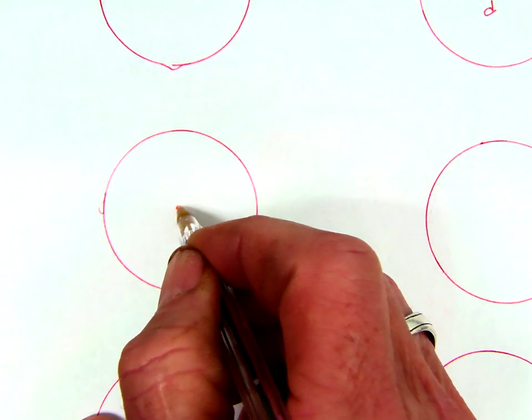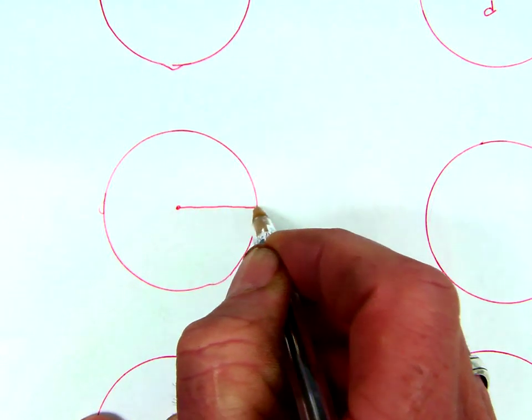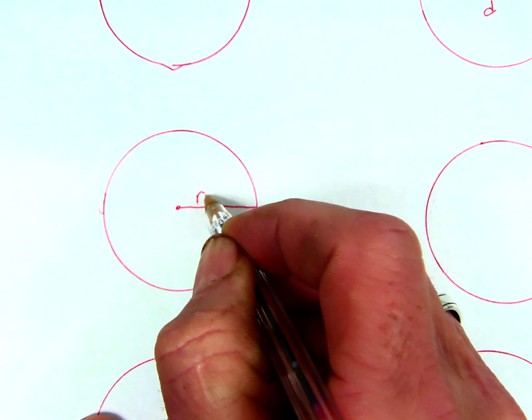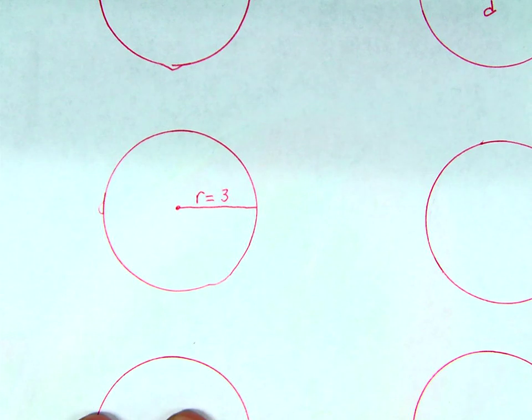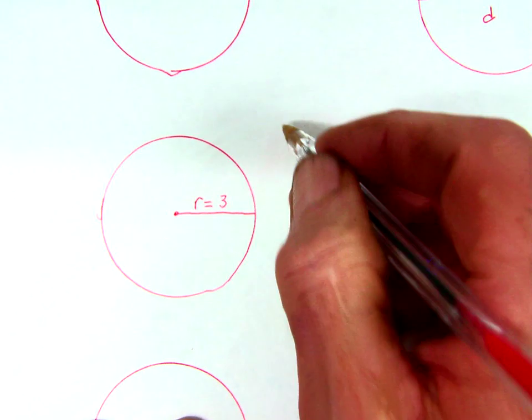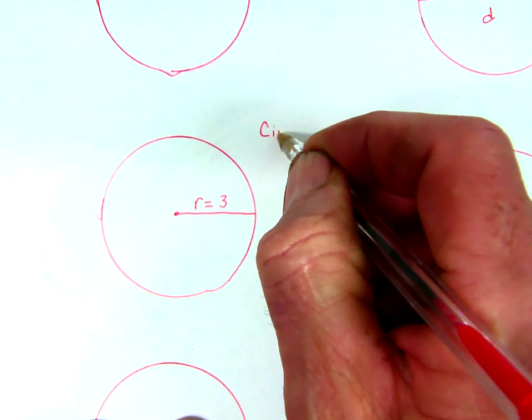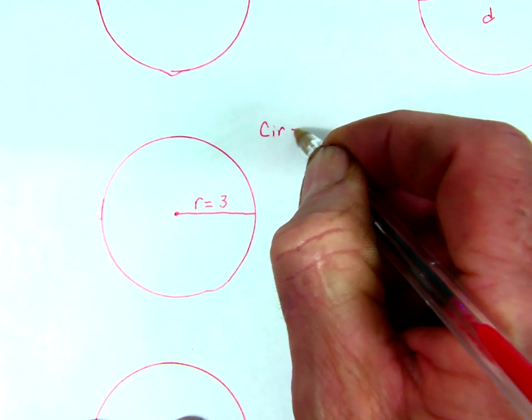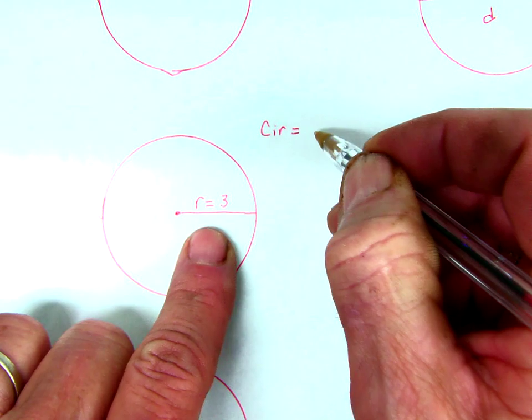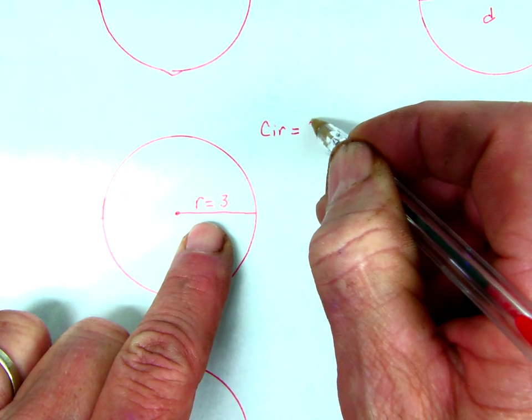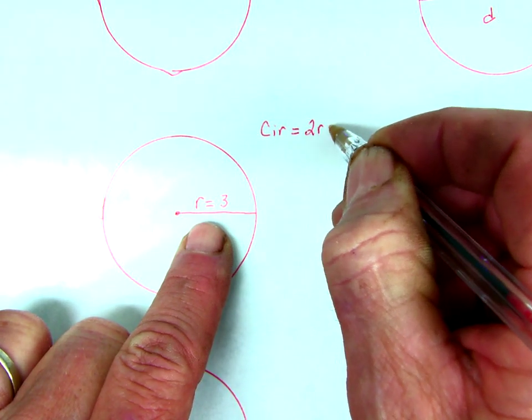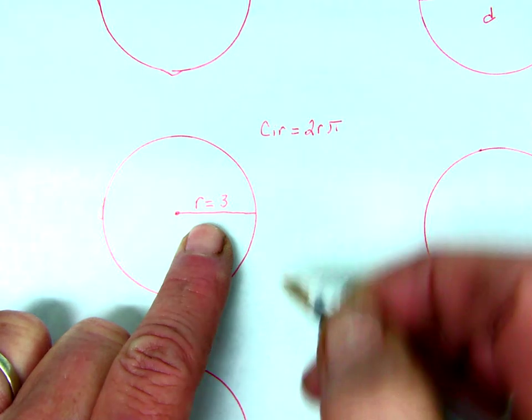Let's just start with the circle that has a radius that equals 3. Let's find the circumference first. Circumference equals, I have a radius to use, so it's 2 times the radius times pi.